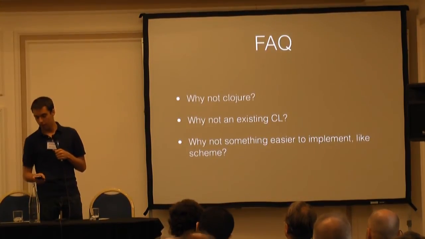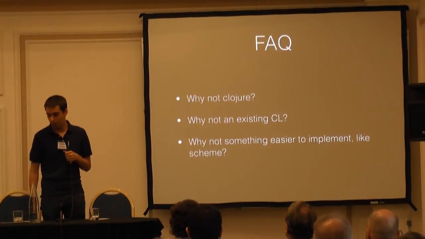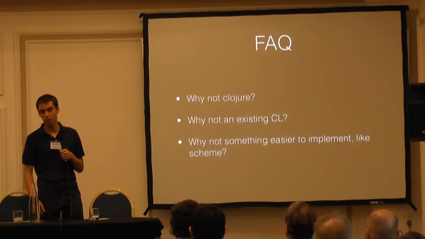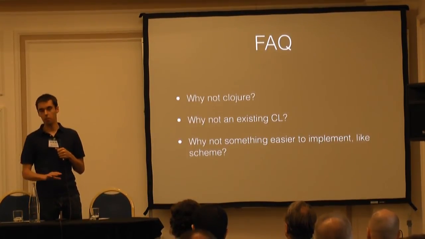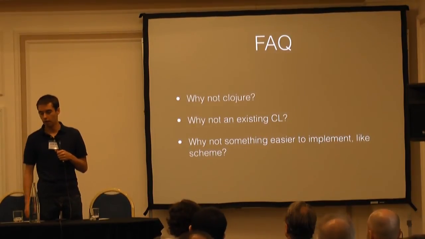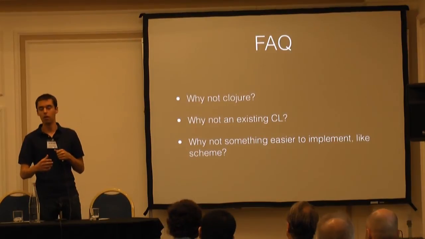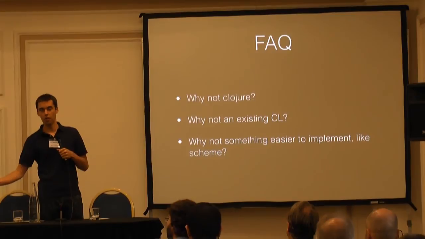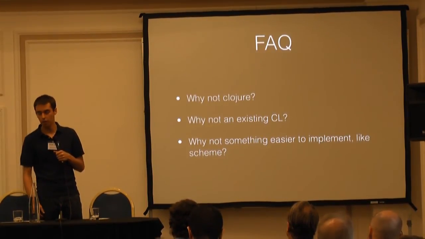Why not an existing Common Lisp? So a couple reasons. One, on the licensing side, I wanted maximum flexibility with respect to app stores, so that narrowed it down somewhat. And also, there are some unique aspects of the problem domain itself, the security model being one, and just the overall workflow of having one computer to develop on, which then targets another computer as the actual runtime environment.